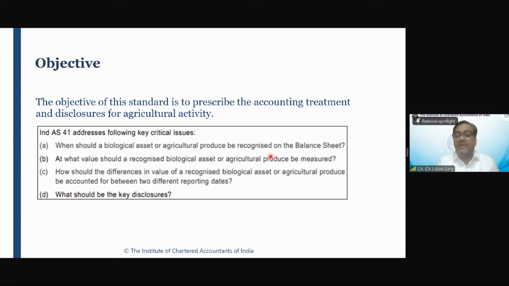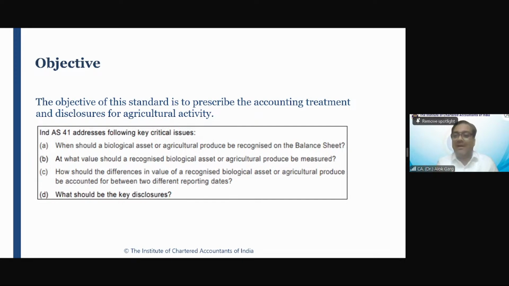For example, an apple tree. What does an apple tree give you? Apple. An apple tree will give you apples. A coconut tree, what will it give you? Coconut. So coconut and apple are agriculture produce. But it is called agriculture produce when it is harvested, when it is detached, when it is plucked from the tree, right?